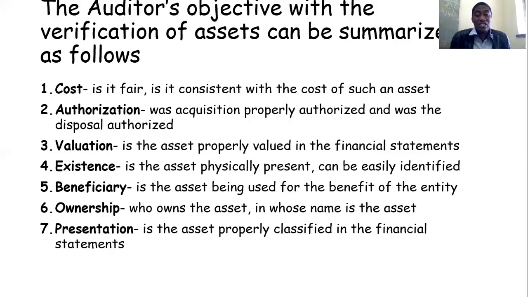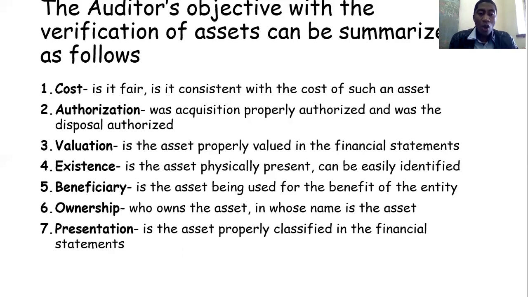Probably it has appreciated in value, or probably it just had an accident, which means the value of the asset is going to drop. First it was 56,000, then the value dropped because of an accident. Now it is costing 12,000.